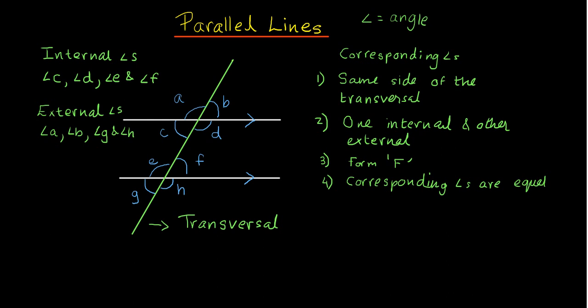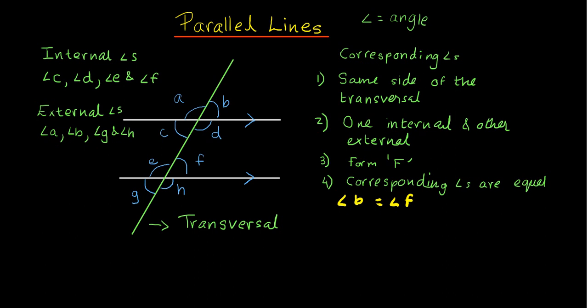But let's check again. Angle B is an external angle on the right hand side, and angle F is an internal angle on the right hand side. If I look at that, it looks like a rotated capital F. So these two angles form a pair of corresponding angles, so I can say angle B equals angle F.